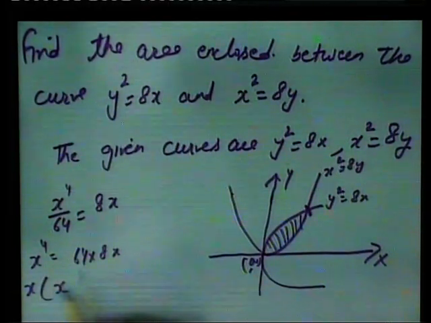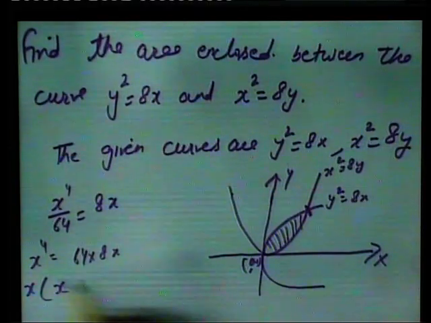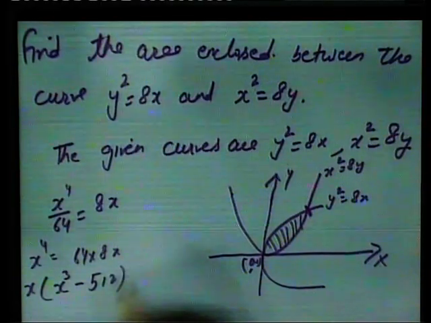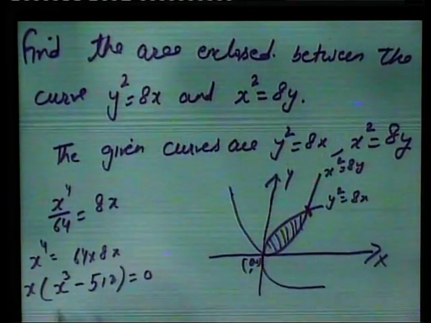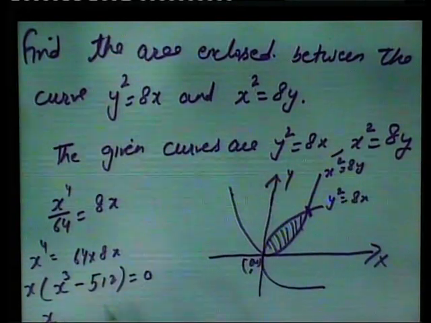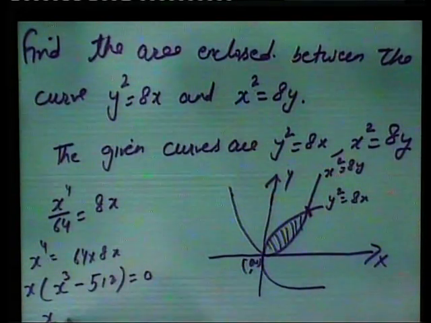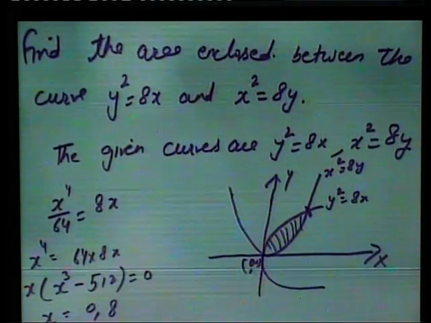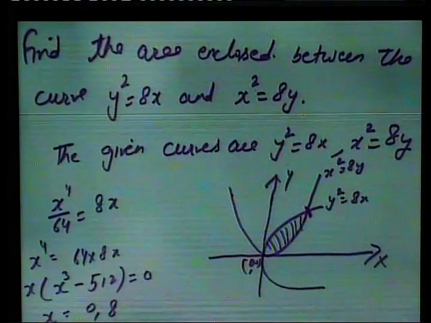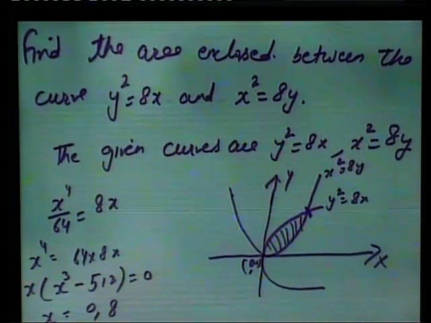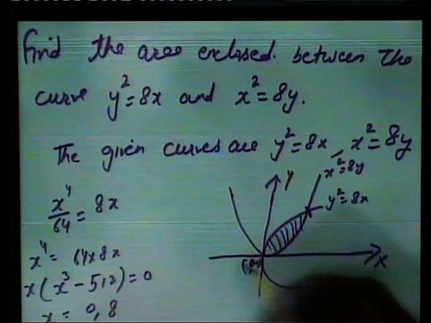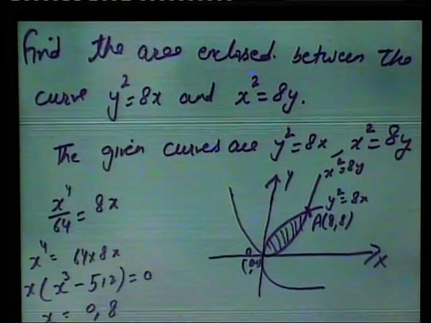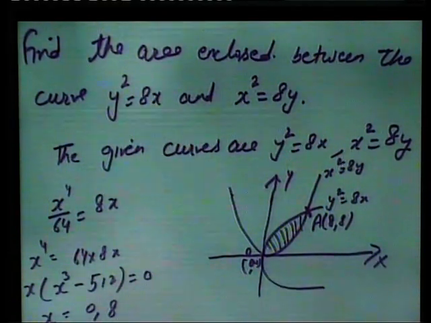X into (x cube minus 512) is equal to 0, so x is equal to 0 and 8. If x is 0 and 8, then y is also 0 and 8. Then these points are O and A, that is (8, 8). Therefore, we take limits from 0 to 8.